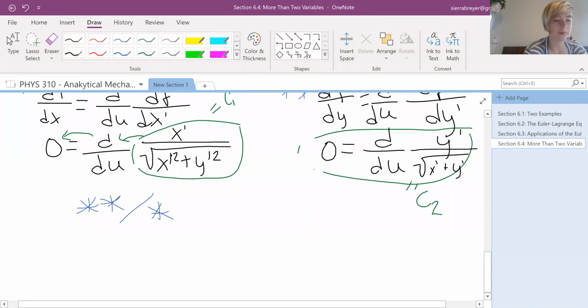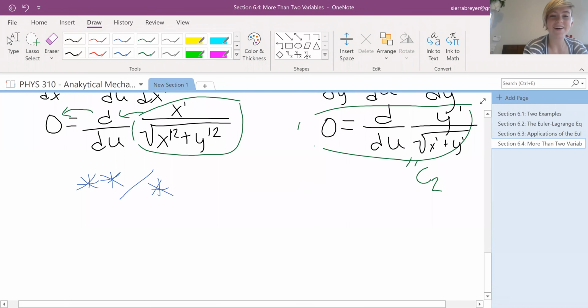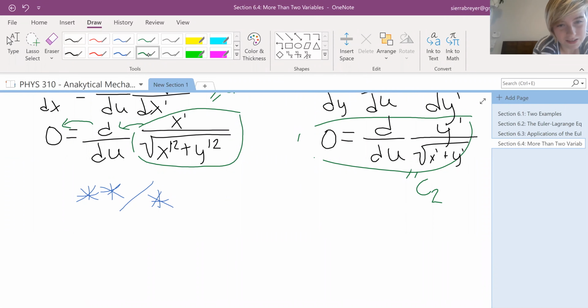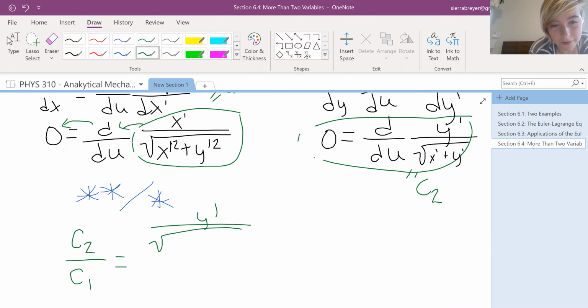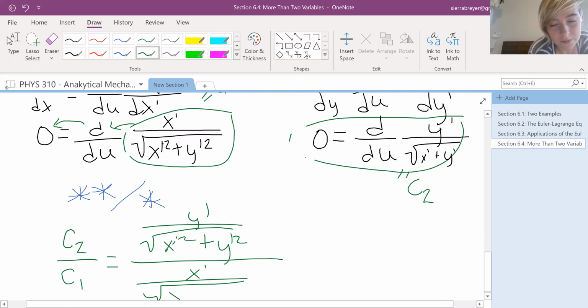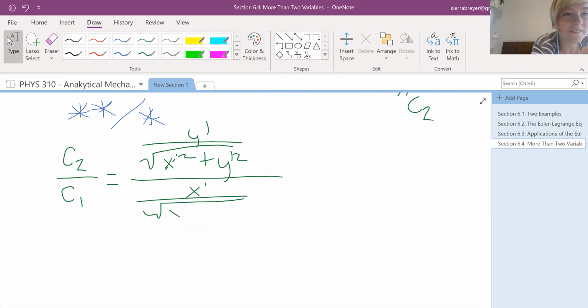So when we do that, we end up getting C2 over C1, and it'll be equal to y prime over the square root of x prime squared plus y prime squared, over x prime over the square root of x prime squared plus y prime squared.